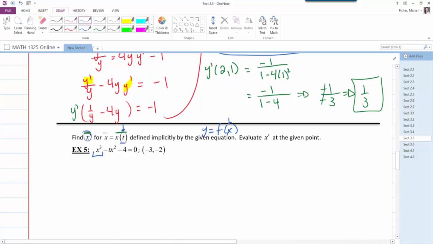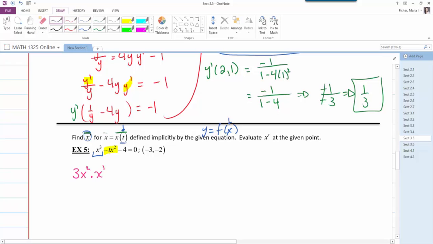So if I want to take the derivative of x cubed, we're looking at 3x squared, and it's a derivative of an x term with respect to t, so times x prime. Minus, well, this guy here again is a product, so we have to deal with it as a product. So I'm going to actually erase my minus sign, and then on the side over here, deal with the product, and then write in all the information.